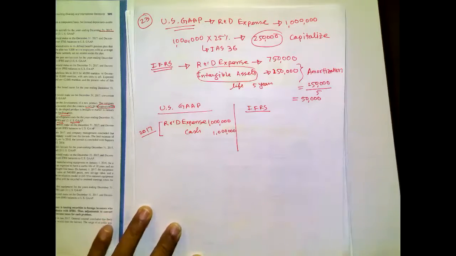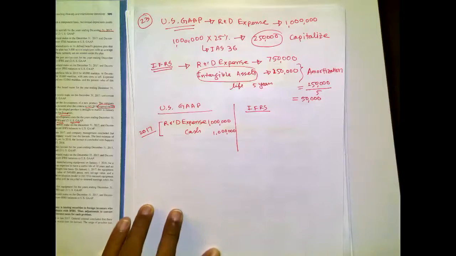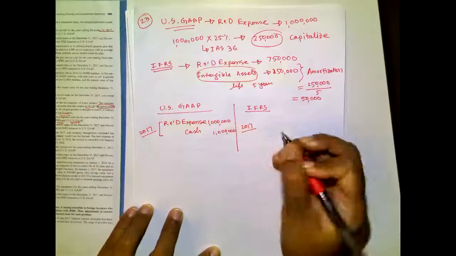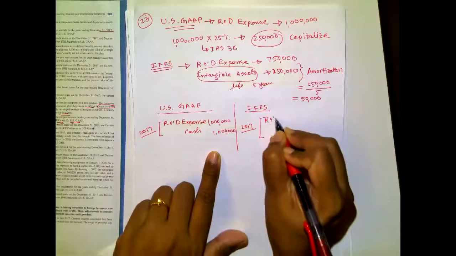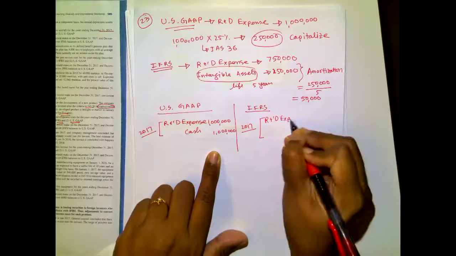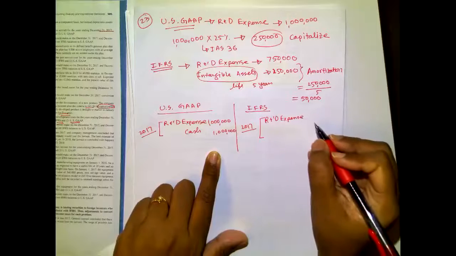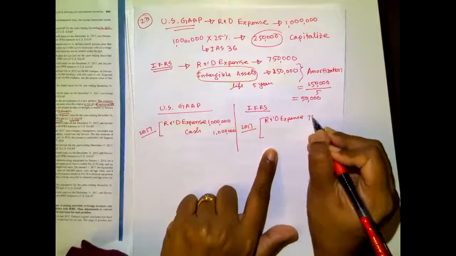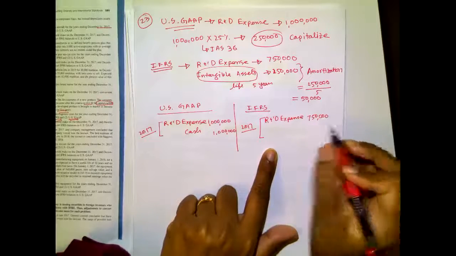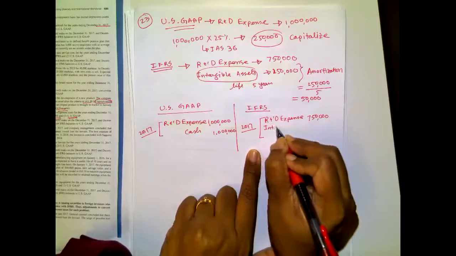Good job. Now, think of IFRS. What is IFRS going to do? They will show R&D expense, but how much? Kajal, what would be IFRS's R&D expense? 750. And the rest they're going to debit as an intangible.